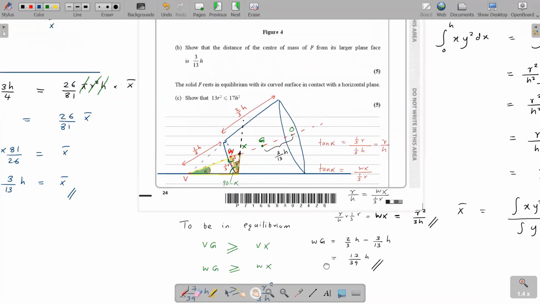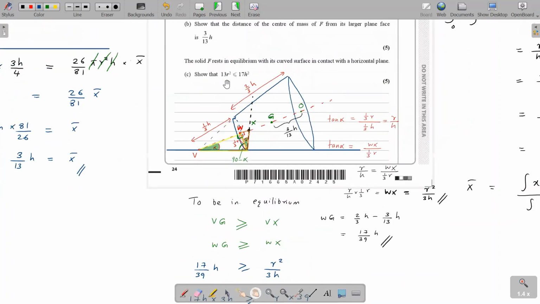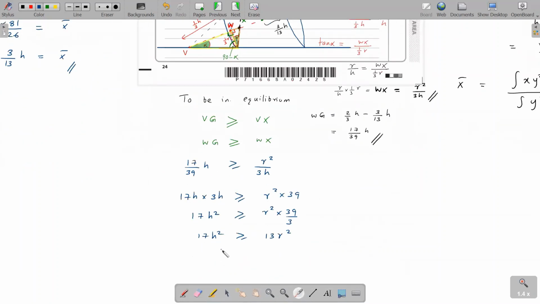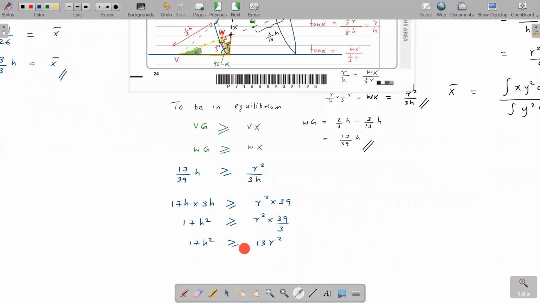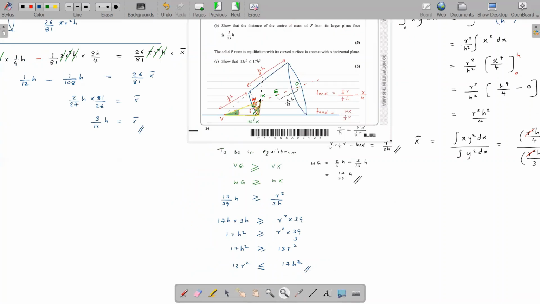Is this to show that 13r square is less than or equal to 17h square? So that's what I got here, right? Just that the two sides I have written the other way. 13r square has the mouth closed towards it. See here also I have 13r square, mouth closed towards it. So I could write 13r square, mouth closed towards it, 17h square, mouth open towards 17h square. So I have not made any difference. Okay, I really hope you understood this part.